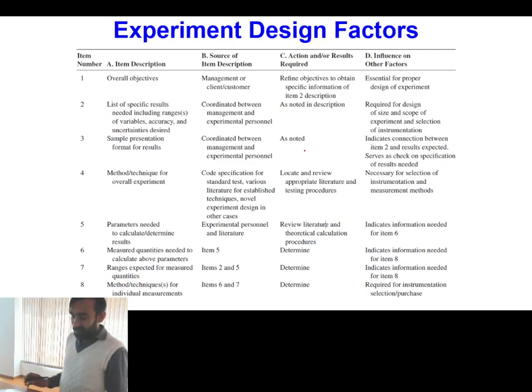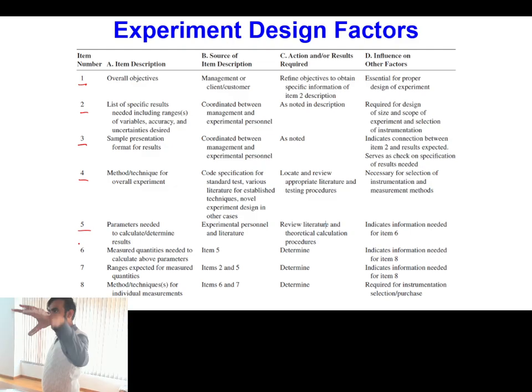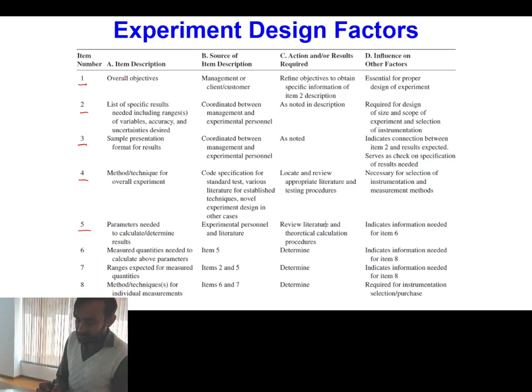Now all the points which I have explained earlier are given in point form, in systematic form, and with the help of this general table you can prepare your experimental plan while you design the experimental facility. For example, the first item in your sheet will be the overall objective of the experiment.